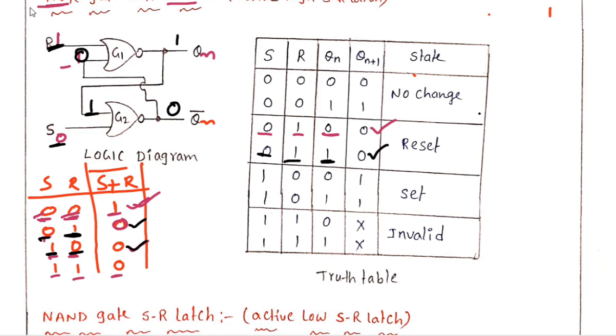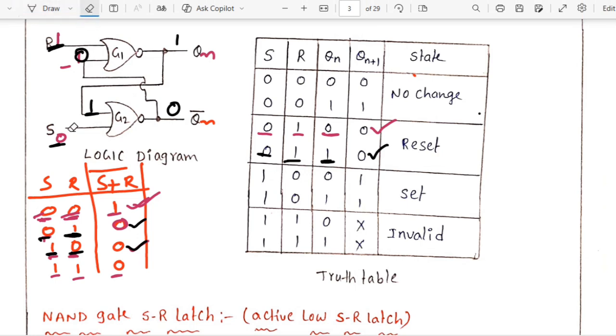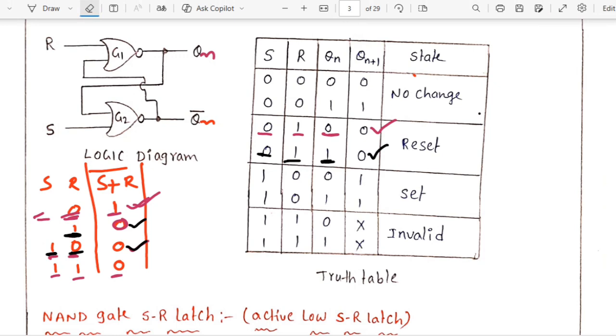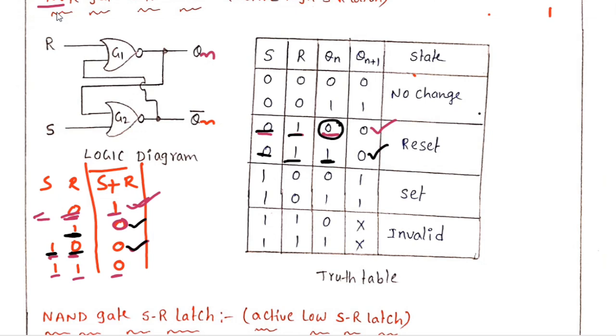What does it mean? Look here. Whenever I am giving my inputs 0 1, I assume the previous output is 0, I don't know, and again the same 0 1, I assume my previous output is 1. 0 1 are the present inputs. What is my next state?